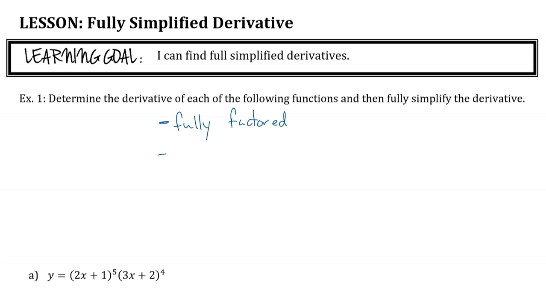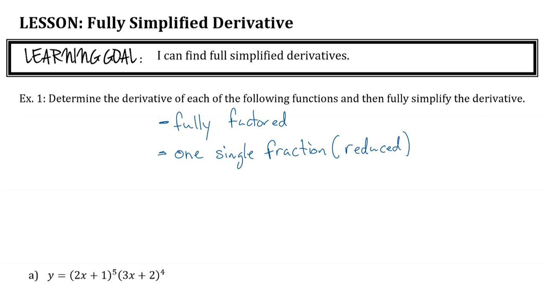Okay? And then the other thing it means is one single fraction. And that fraction must be fully reduced, which is sort of part of the process of factoring it, but it should be reduced. So any common factors that are in the top or the bottom would come out, and they might divide with each other or something, right?